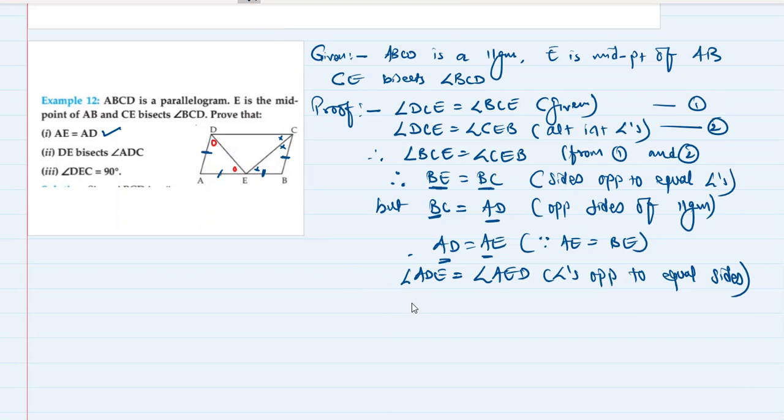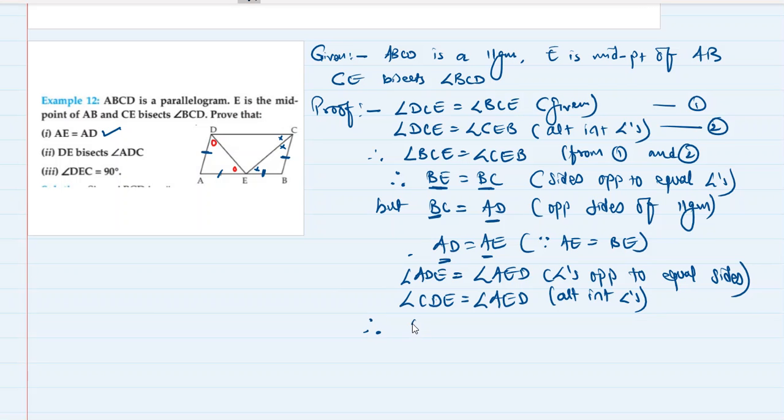Okay. Also, angle CDE is equal to angle DEA. Angle CDE is equal to angle AED, you can say. Alternate interior angles. So angle ADE is equal to angle AED and angle CDE is equal to angle AED.